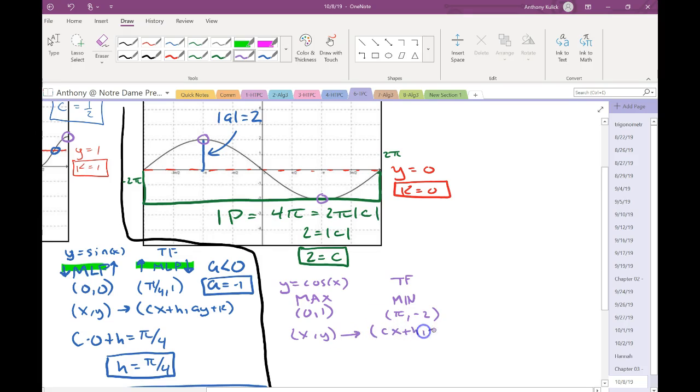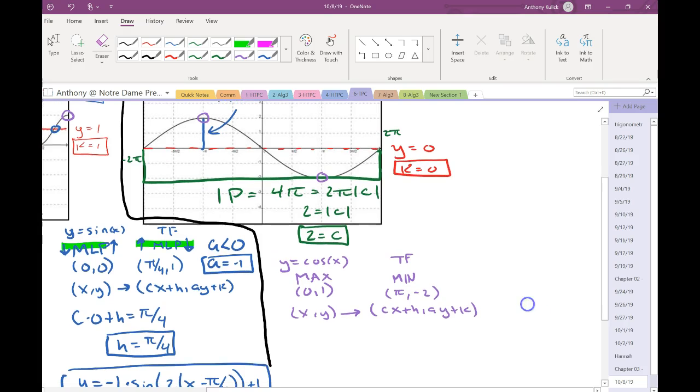So, to transform 0, 1 to pi, negative 2, for the x-coordinate I did c times 0 plus h, and that should give me pi. Now, since I went max to min here, I know that a is negative, so a is negative 2.